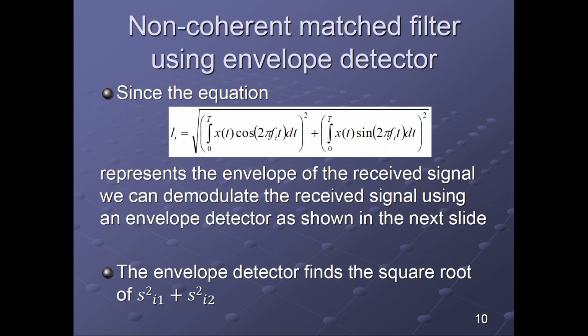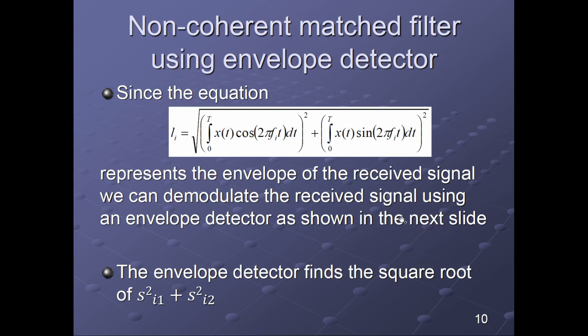If I tell you to find this complex number in polar coordinates, what do you do? You take the absolute value of this number, the square root of 5 squared plus 7 squared. This is the absolute value. It is the same, but for a signal, not for one complex number, a signal that has I and Q, like real and imaginary. Clear? So this represents the envelope of the received signal.